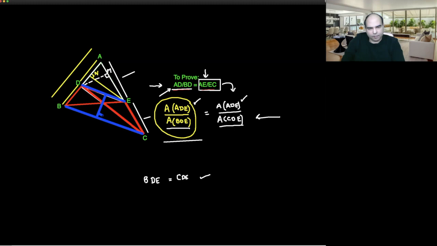Because whether the vertex is at B or the vertex is at C, the height will remain the same, which means, and this is also a theorem that you study in mensuration, that if two triangles are drawn on the same base and their tops, or the third vertex, are on the same parallel line to the base, then the two triangles are equal in area.